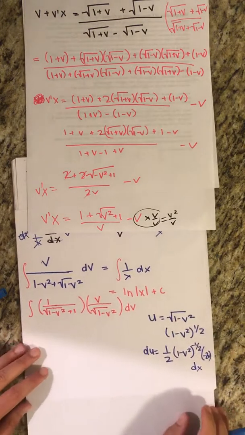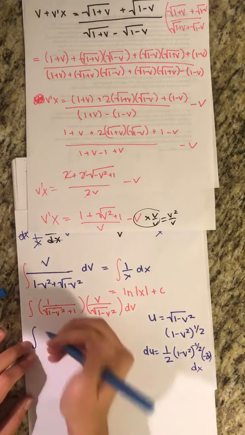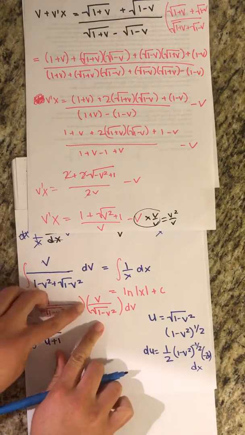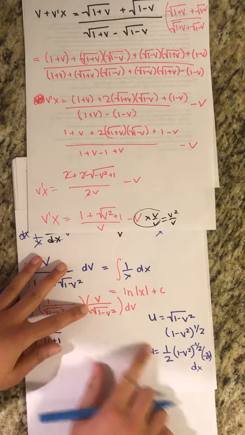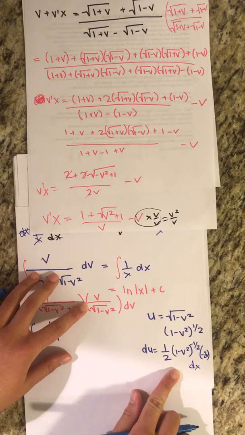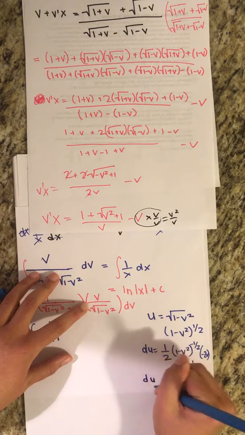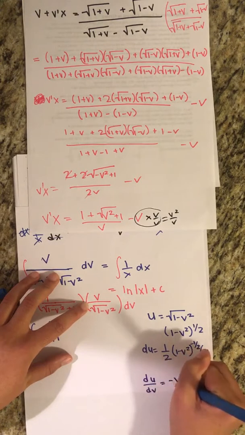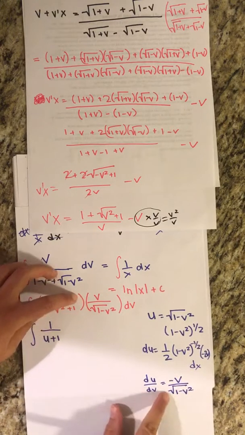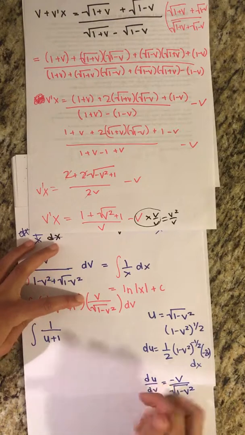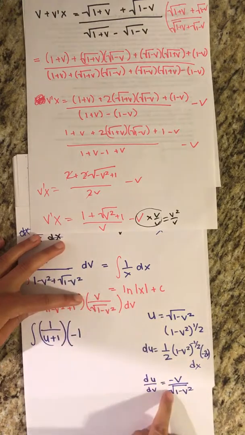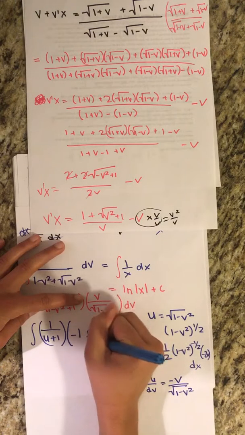So then the integral of 1 over u plus 1, and then this, if you look, is basically this. Do you see that? Once you clean that up. And this is exactly that, but it just has a negative. So then we have this, and this is -1 because it's the negative du over dv.